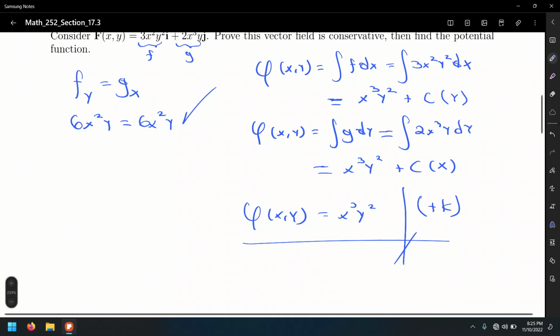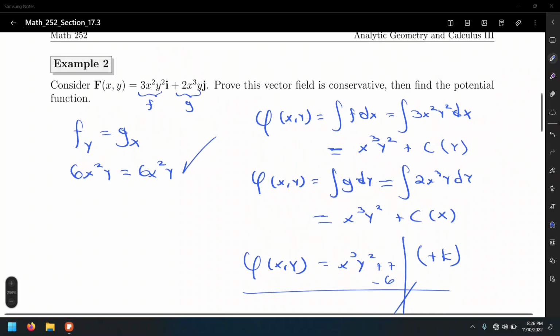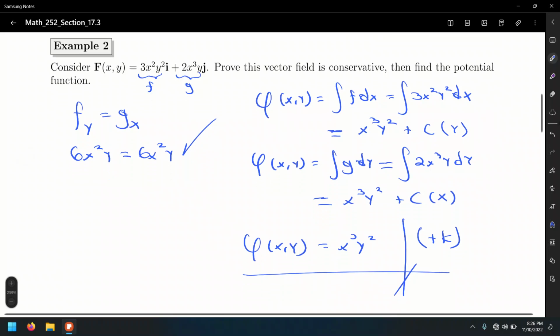Some constant of integration, because this potential function could have been, I don't know, maybe x cubed y squared plus 7 minus 6, and it's still going to give us the same vector field. Do you guys agree with this? That's the part I disagree with the textbook, not adding that plus k. So when you perform these partial integrations, don't add a plus c or a plus k, just type the function of x, y, all right?